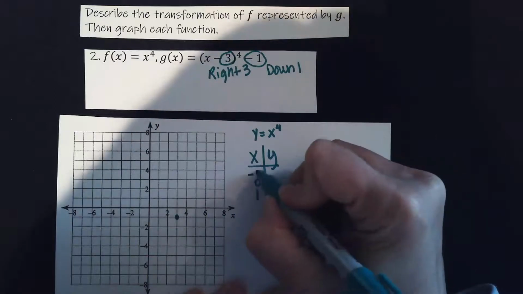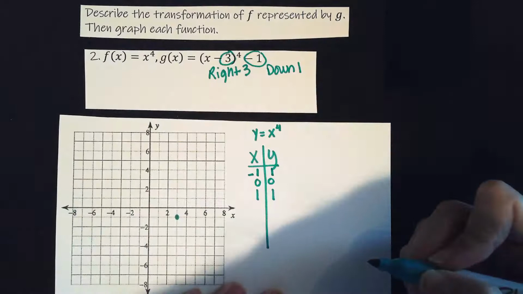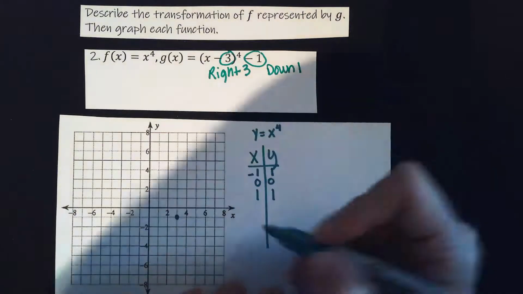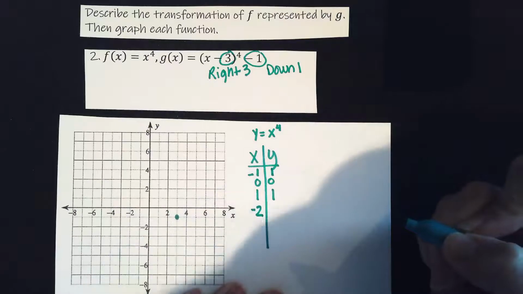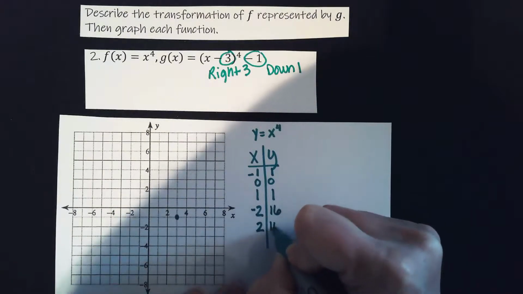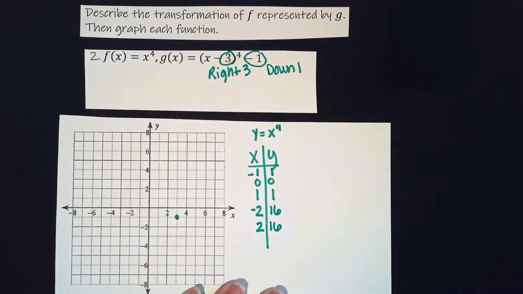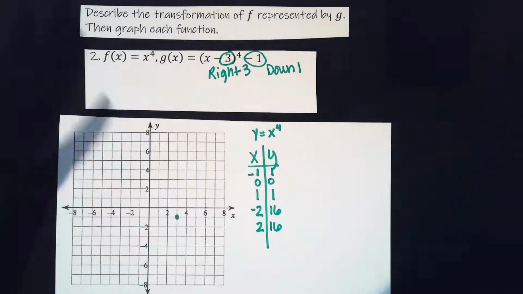And then if I plug in negative 1 and I take it to the 4th, I get 1. I should have left room for negative 2 up there, but I'll put it down here. Negative 2 to the 4th would be 16. And 2 to the 4th is 16. So, like I said, you could do it that way, or you can plug it in your calculator and make a table, or just plug numbers in and figure out what you get for y.